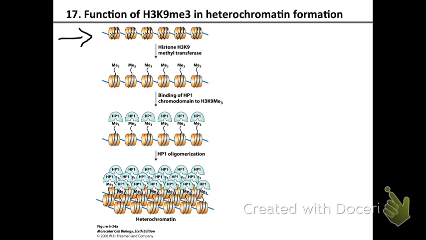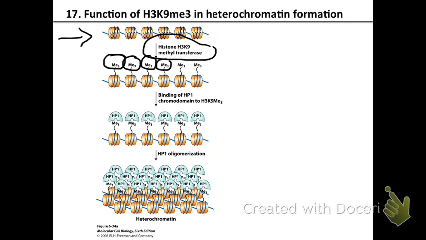So the first thing that comes in is a protein complex that contains an enzyme that is a histone H3K9 methyltransferase. So this is a methylase. We call them methylase or methyltransferase. It's the same thing, okay? And it's specific because it only methylates H3 in lysine 9. So what it does is it adds 3 methyl groups to lysine 9, so you have this methylated chromatin, okay?